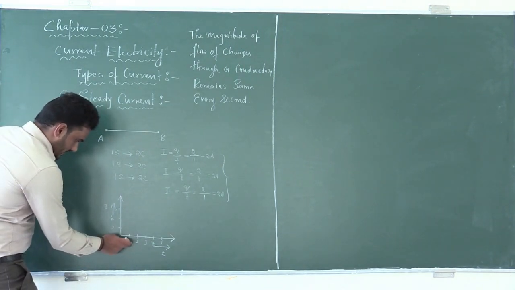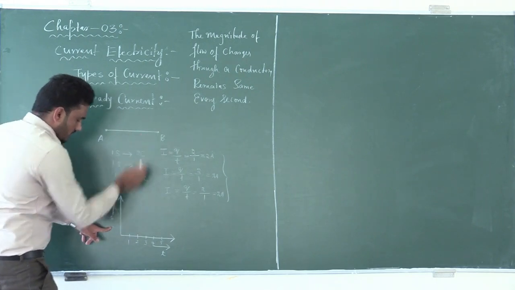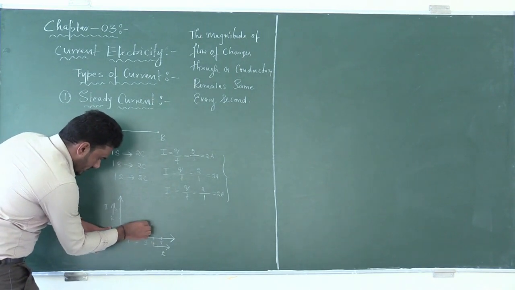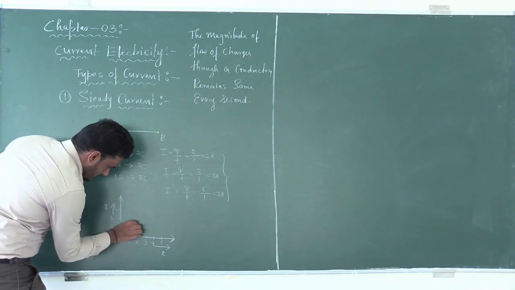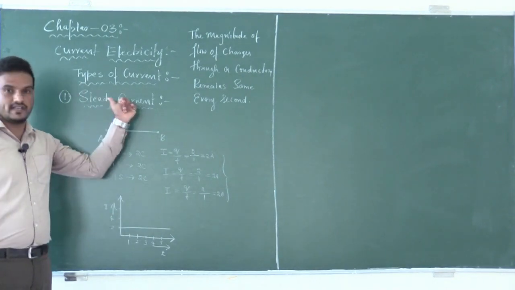In the first second, what is the magnitude of the charge that flows through the metallic wire? 2. Next once again 2. And next once again 2 only. So you will get the graph like this. So it is said to be steady current.